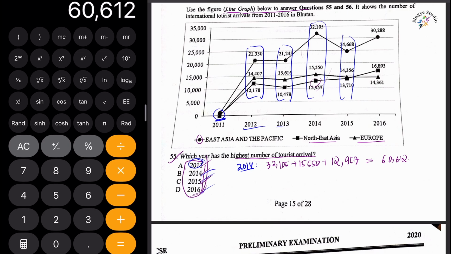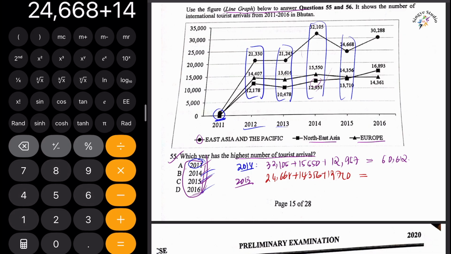And for 2015, I get 24,668 plus 14,356 plus 13,710, which will be, let me use my calculator again, 24,668 plus 14,356 plus 13,710. So I get 52,734 tourists.